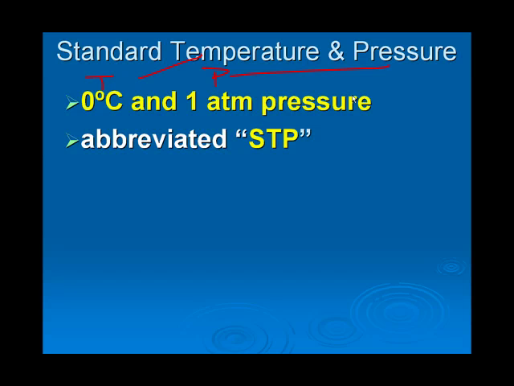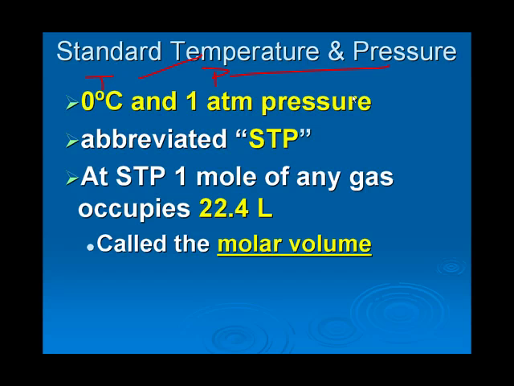The atmosphere is a unit of pressure. It's essentially saying conditions are normal, proceed the way you should. Conditions won't ever not be normal. So even if they forget to mention it in the problem, which sometimes I do, you can just safely assume that STP conditions are around.